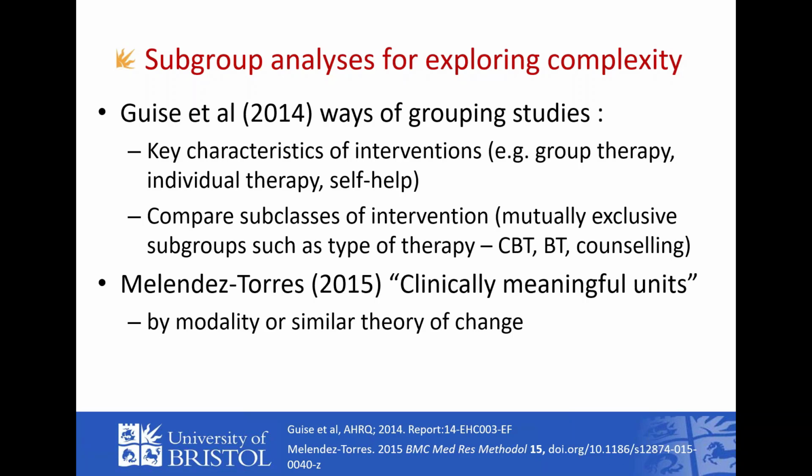Or we might think about the approach to therapy which was taken. Was it cognitive behavioural therapy? Was it a behavioural therapy or counselling, for example? Melendez-Torres considers these as clinically meaningful units, so we're thinking about the intervention level of analysis and defining them in a clinically meaningful way.